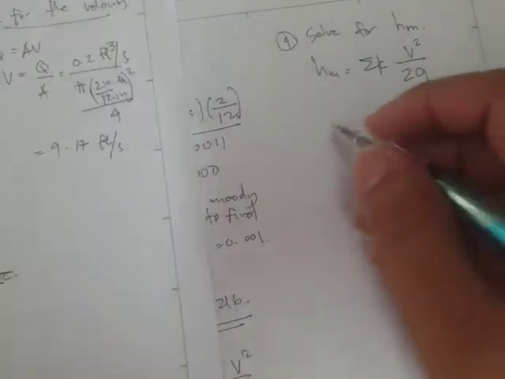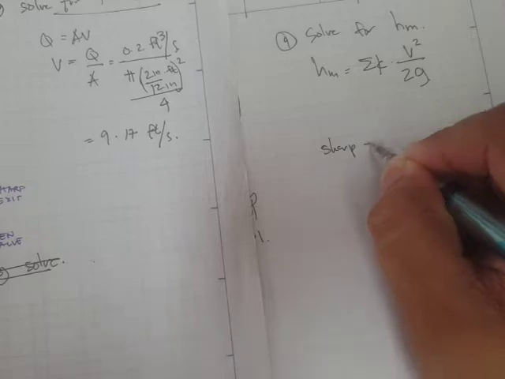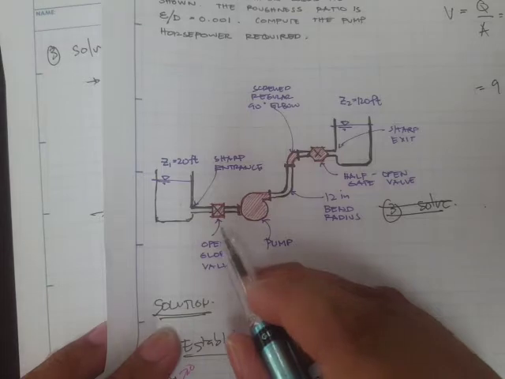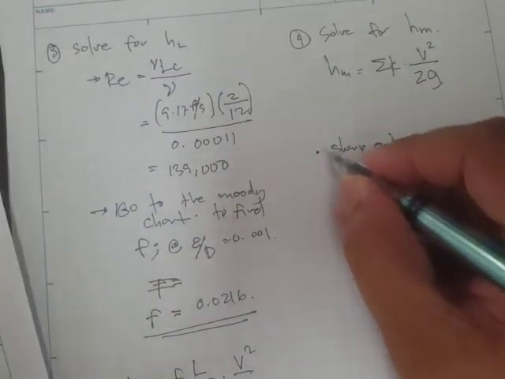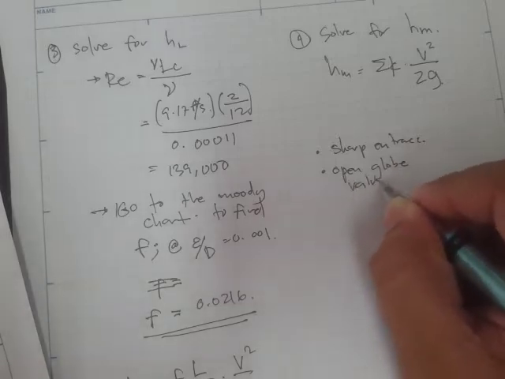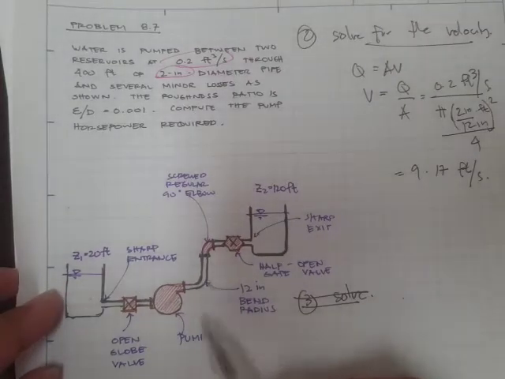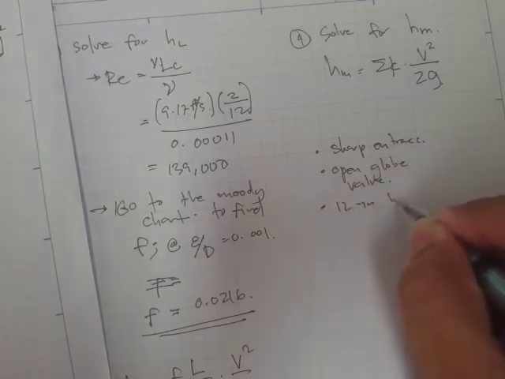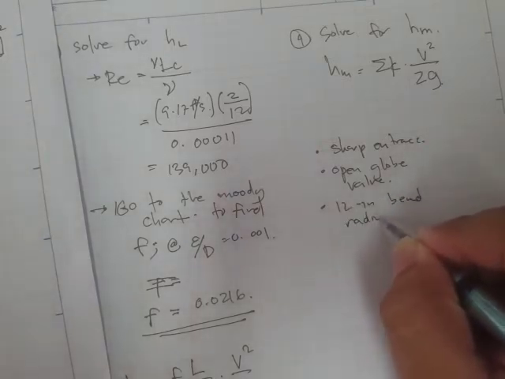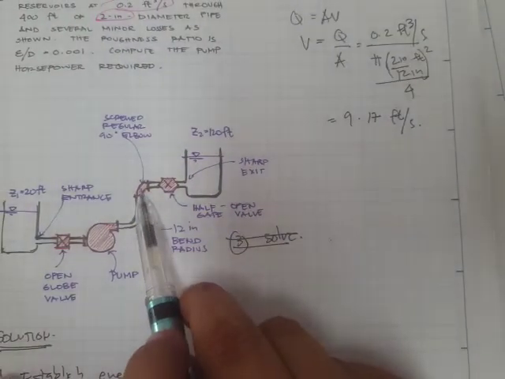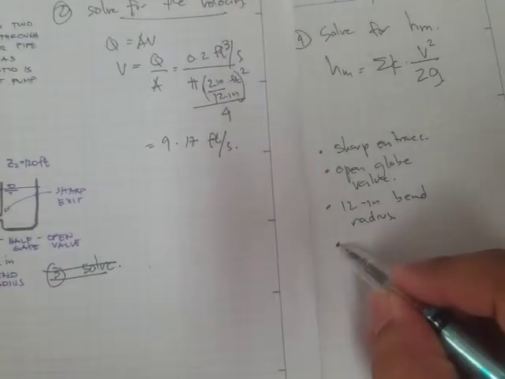First we have a sharp entrance, and our next one is the open globe valve. And then the third one would be the 12-inch bend radius. Then the next one would be the screwed regular 90 degrees elbow.